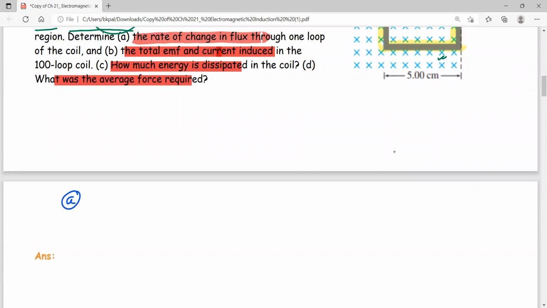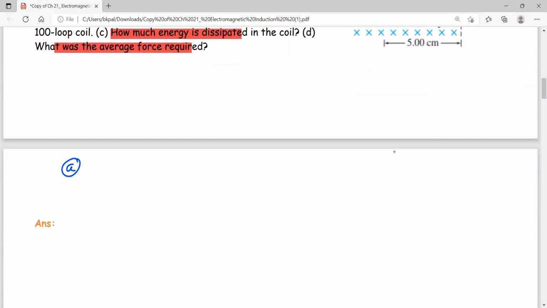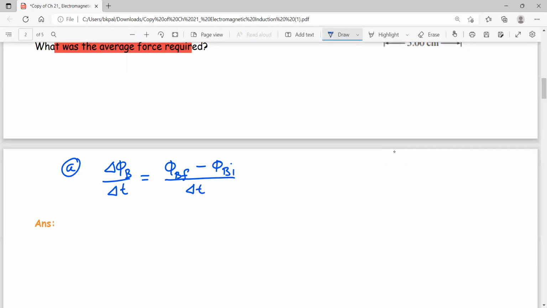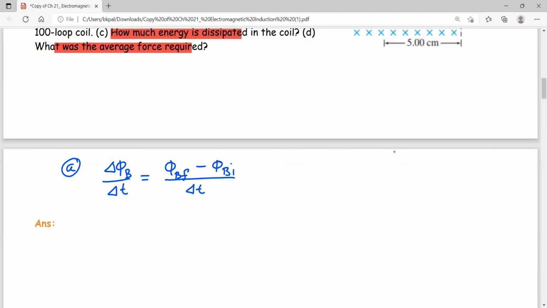A. First the rate of change of the magnetic flux, delta phi over delta t. We know the time, so delta t we don't need to change. Let me call it final and initial.